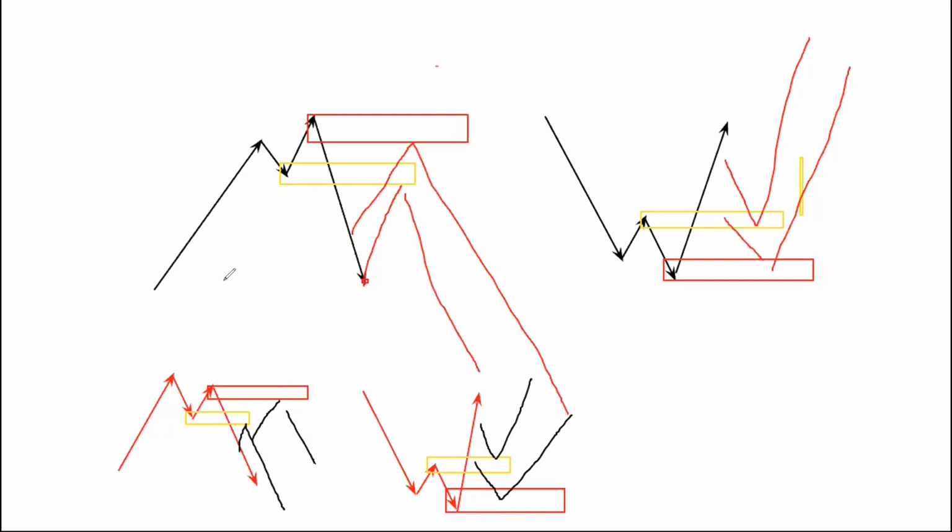So that's what you are looking for. This is the pattern. Then you can study them in this manner. Let me just give you a few examples.